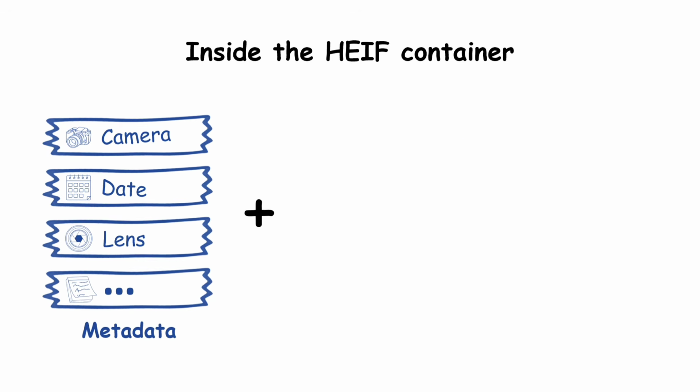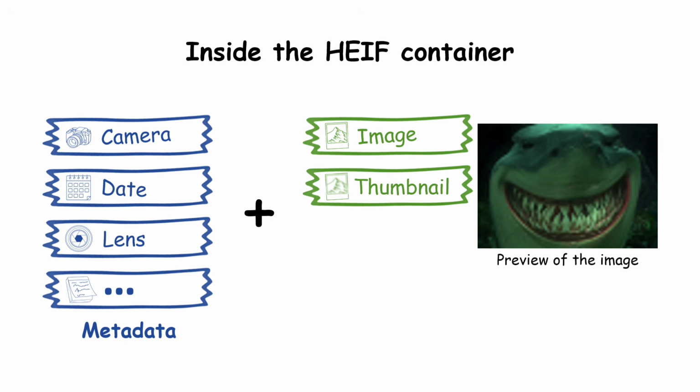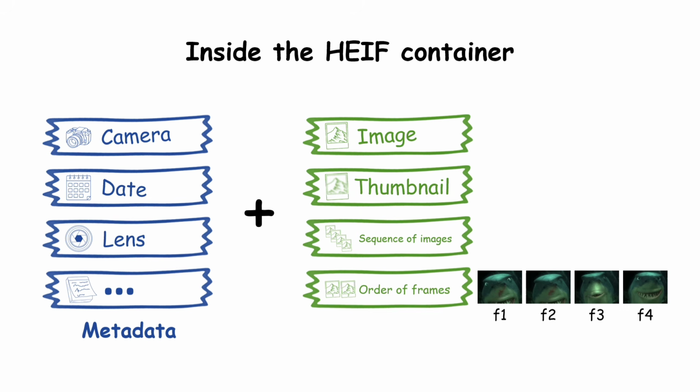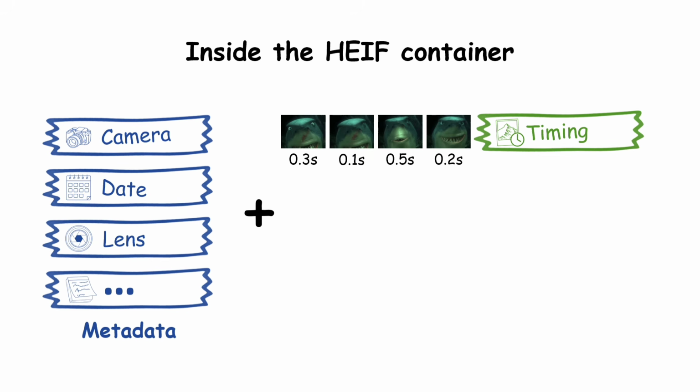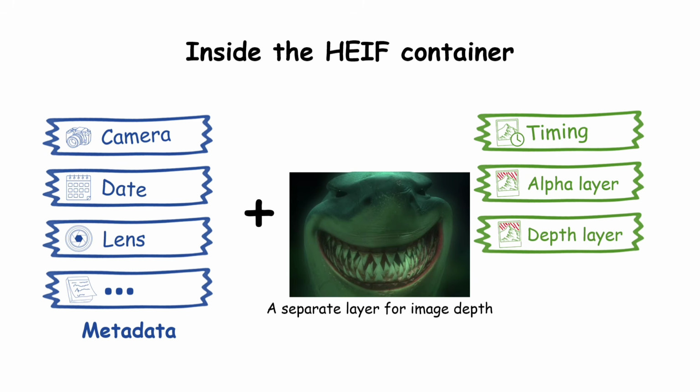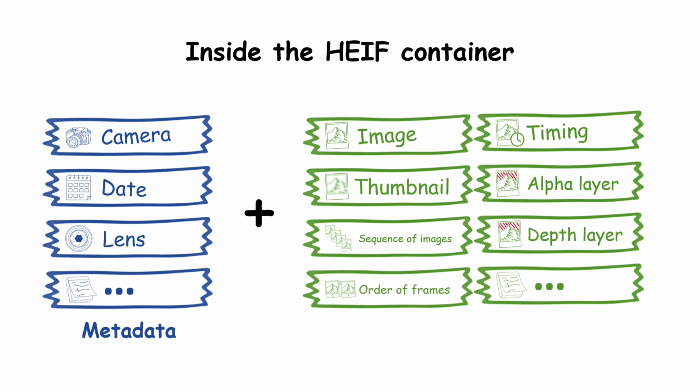The HEIF container also holds other advanced information such as the main image, the thumbnail image, a sequence of images for animations, the order of animation frames, animation timing, the alpha channel layer, the depth layer for portrait photos on some devices like Apple, and much more.